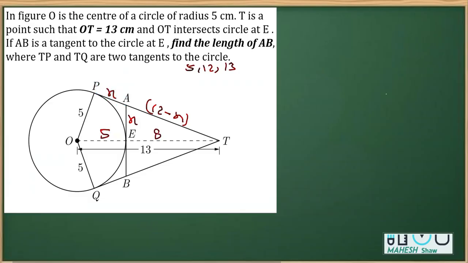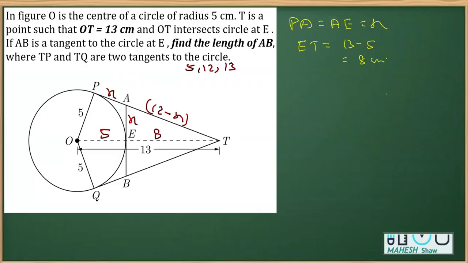And now let me write down these things. We can say that first of all, PA is equal to AE as X, tangents from same exterior point. And ET we got as 13 minus 5 centimeter, that is 8 centimeter.